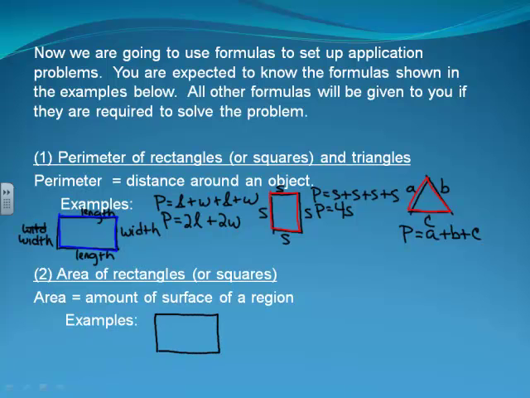If you have a rectangle and that rectangle has a length, which we'll symbolize with an L, and a width, which we'll symbolize with a W as above, the definition of area mathematically is if you take the length and multiply it by the width, that will give you the area of any rectangular area.